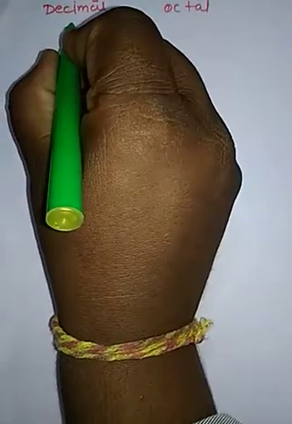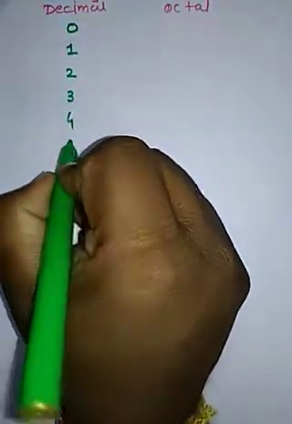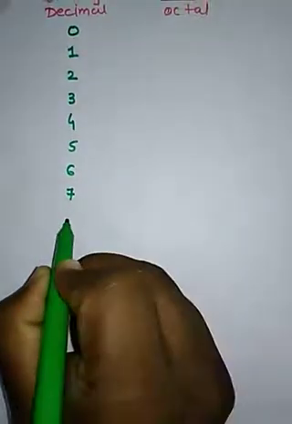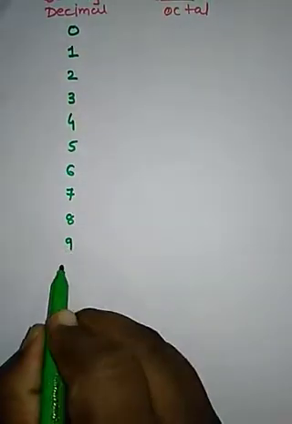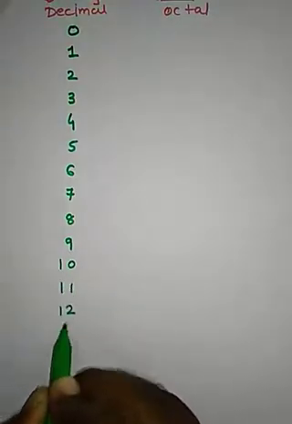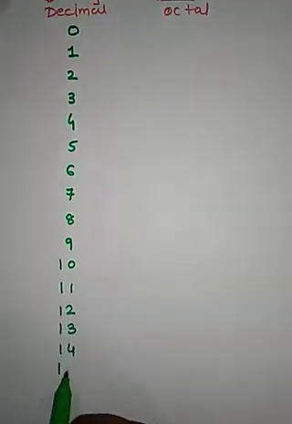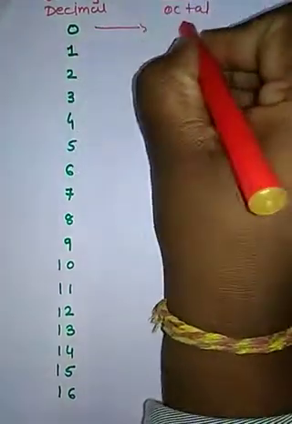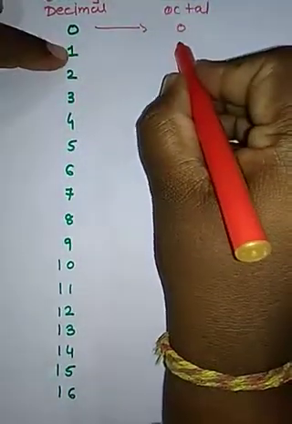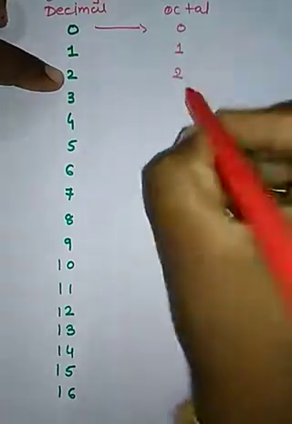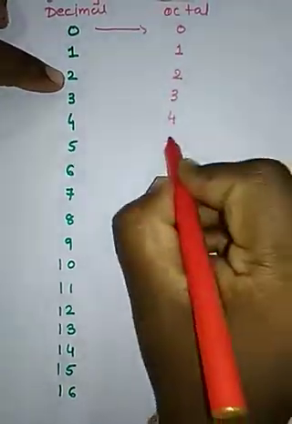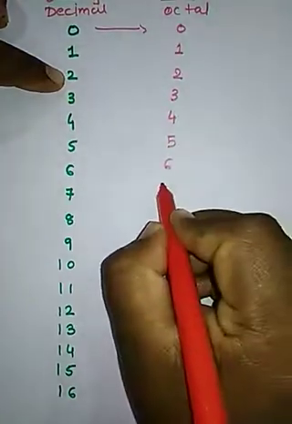The decimal numbers we have to write here are 0, 1, 2, 3, 4, 5, 6, 7, 8, 9, 10, 11, 12, 13, 14, 15 and 16. The octal of 0 is 0, octal of 1 is 1, of 2 is 2, 3 is 3, 4 is 4, 5 is 5, 6 is 6, 7 is 7.